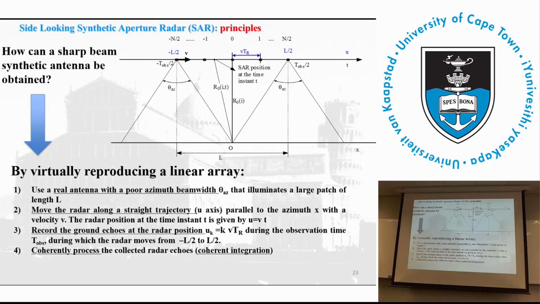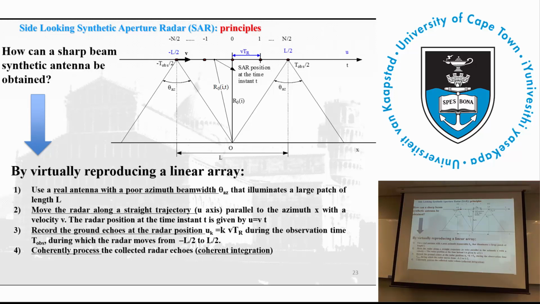We assume that the speed of light is much faster than this velocity here. In these conditions, when I transmit and when I receive, I can consider this point stationary. This condition is called the stop and go condition.